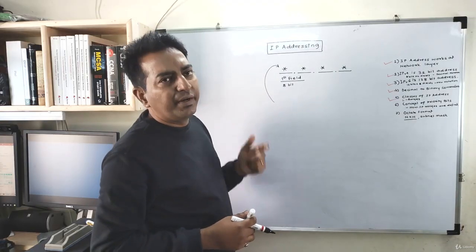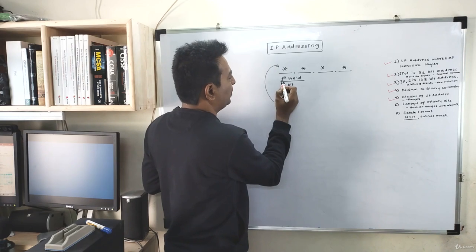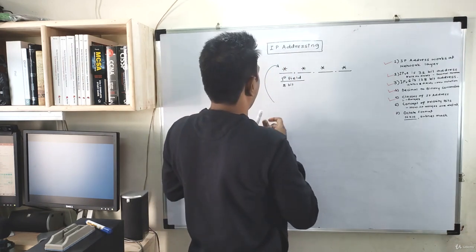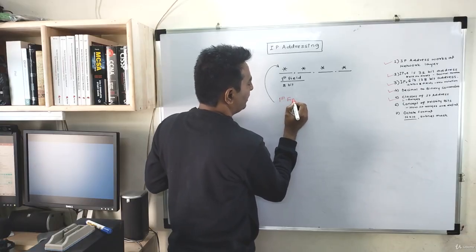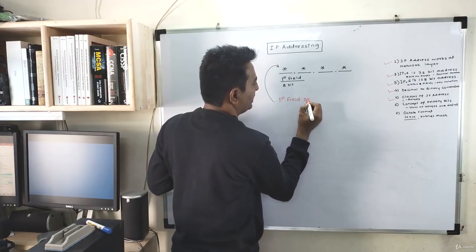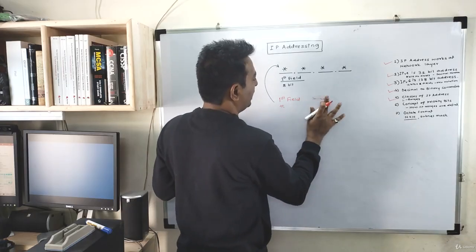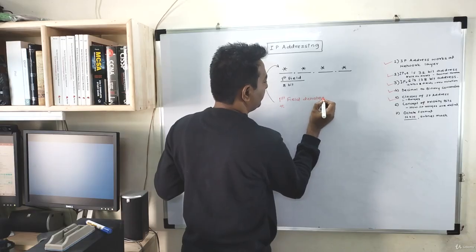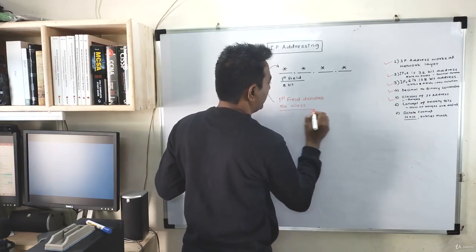If you want to identify the class of an IP address, you just have to look at the first field, which denotes the class of an IP address.